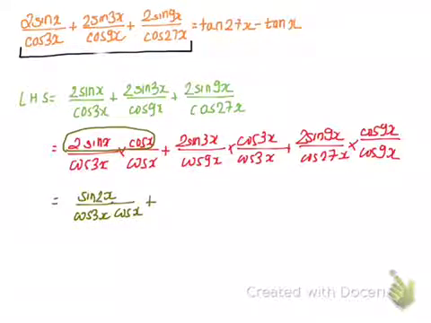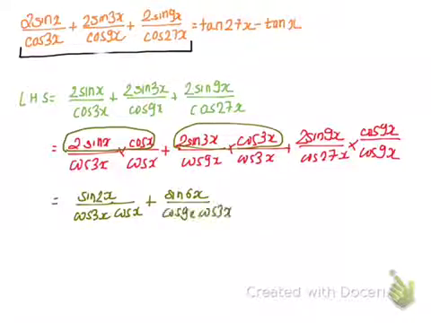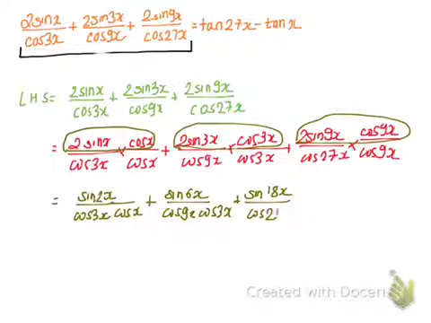Similarly, for this second expression, 2 sine 3x dot cos 3x is sine 2 times 3x, which is sine 6x. And then the denominator part. Once again, 2 sine 9x dot cos 9x is sine 2 times 9x, which is sine 18x. So here sine 18x divided by cos 27x dot cos 9x.